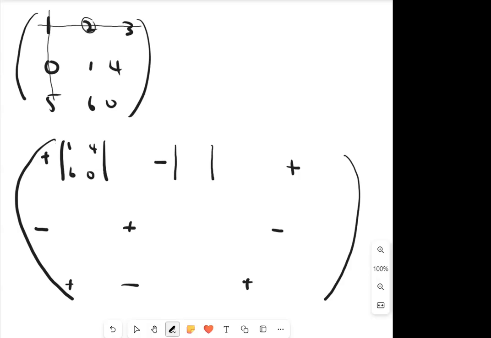Where this 2 is, you draw a line through there, and you put these elements, 0, 4, 5, 9. And lastly, you take this 3, draw a line through there, and these elements that are left, 0, 1, 5, 6, you put there, right? And you do the same for each element. I'm going to write them down here.